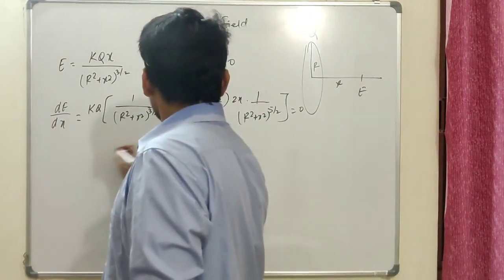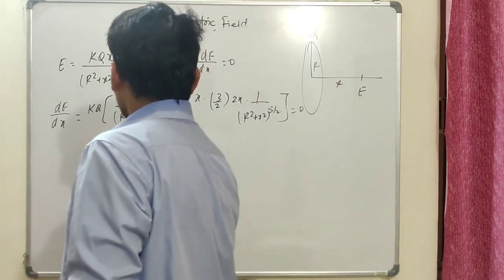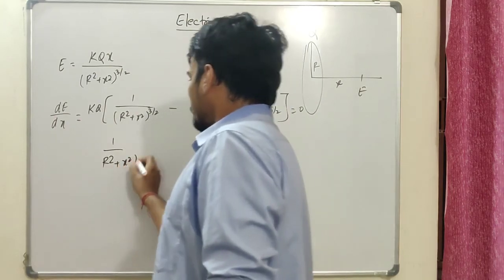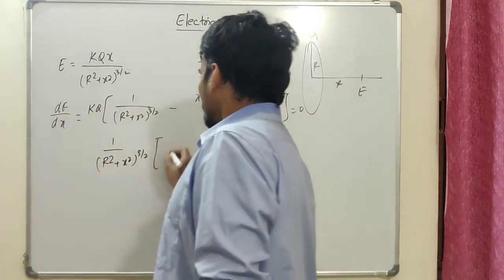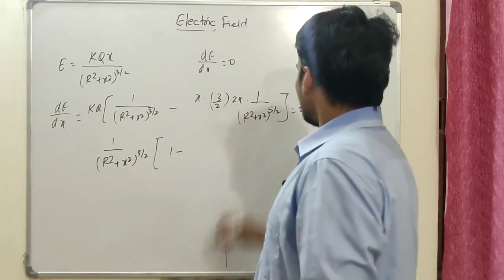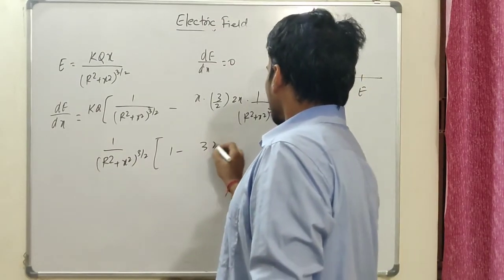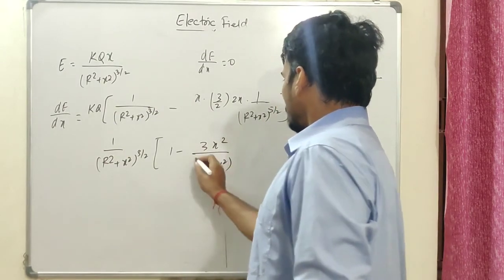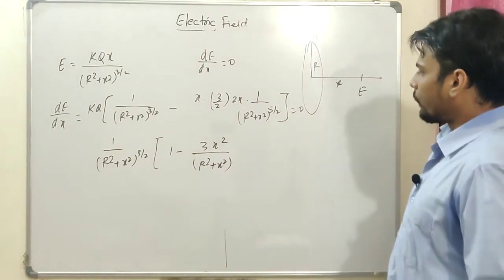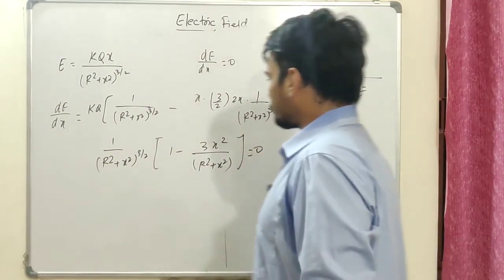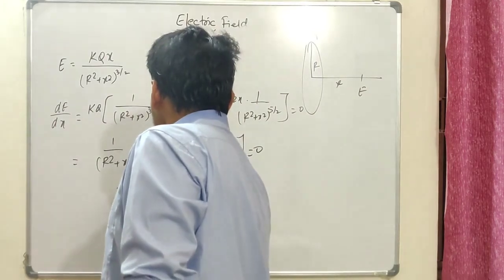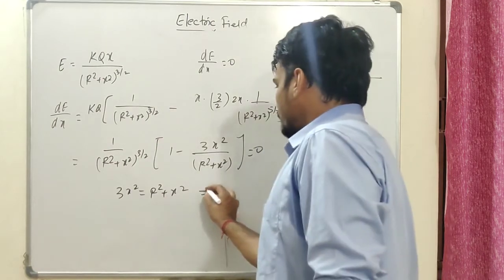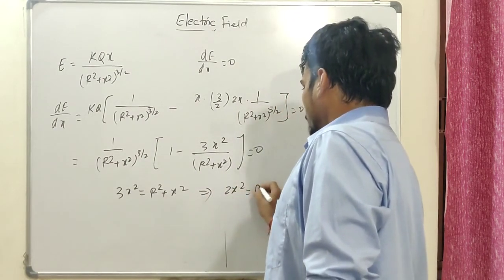So I take 1 over (r square plus x square) to the power of 3 by 2 common, and I'll have 1 minus 3x square over (r square plus x square) equals 0. Ultimately I get 3x square equals r square plus x square, which turns out to be 2x square equals r square.